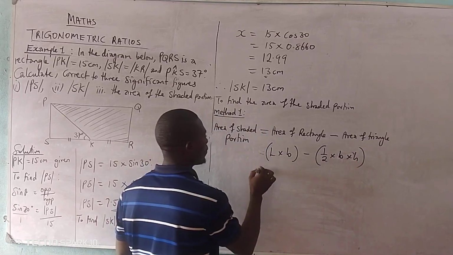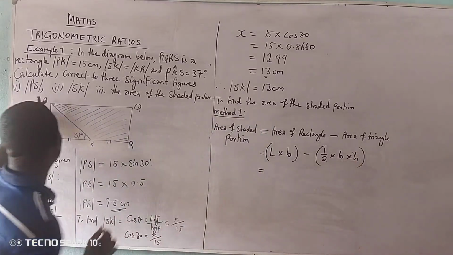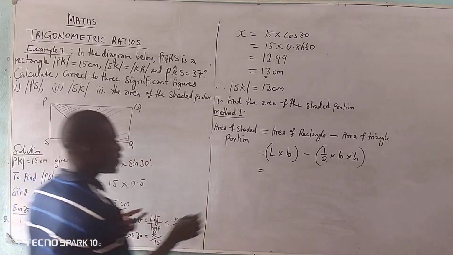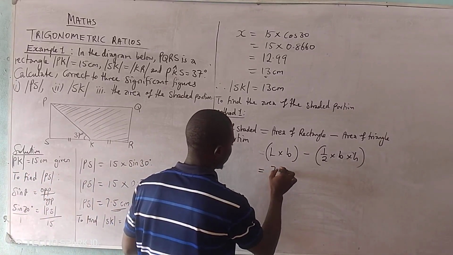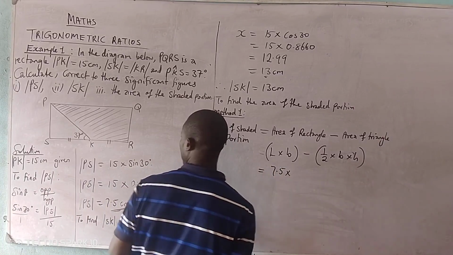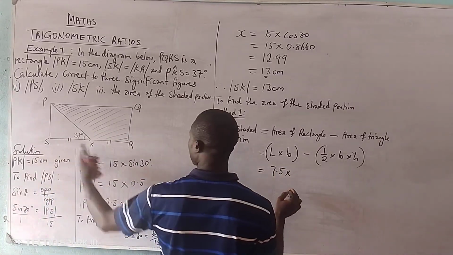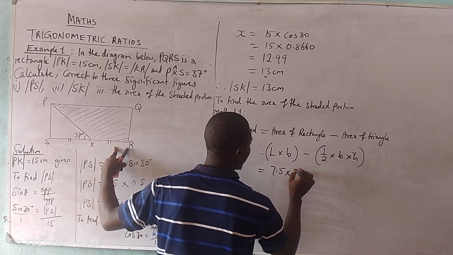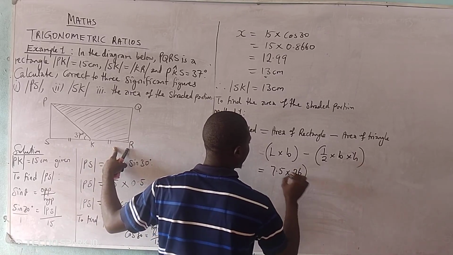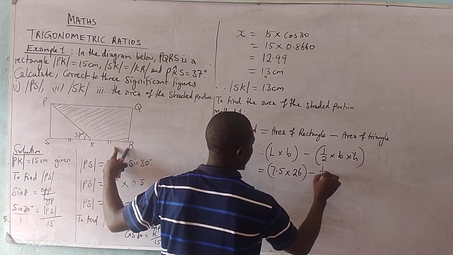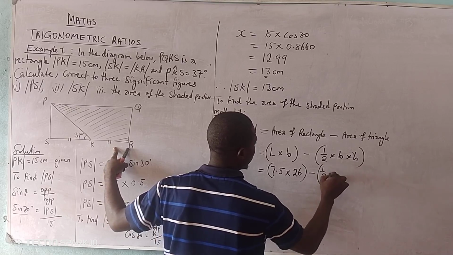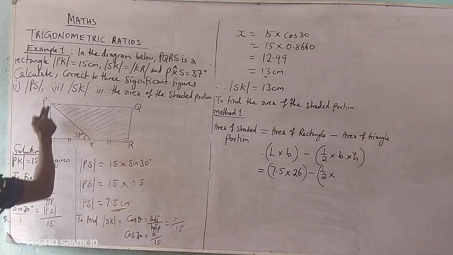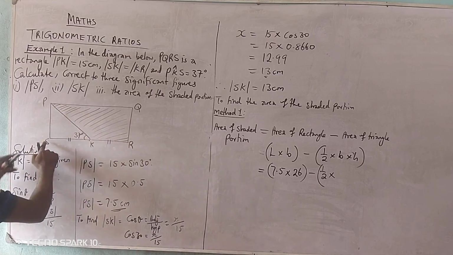So we have our area of rectangle: the height from here, ES, is given as 7.5, times the length, which is 13 plus 13, equal to 26, minus 1 over 2 times, in the triangle, we have height and base.